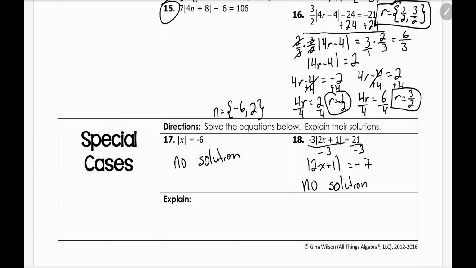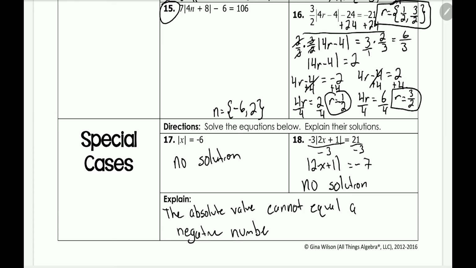So whenever I ask you to explain here, we're going to say the absolute value cannot equal a negative number once it's isolated.